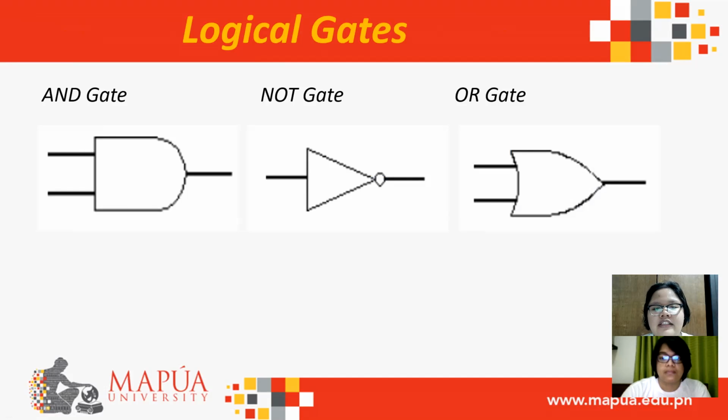Lastly, the OR gate is the logic gate that behaves like the logical inclusive OR. The output is true if either or both of the inputs are true, and when both inputs are false, the output is false.